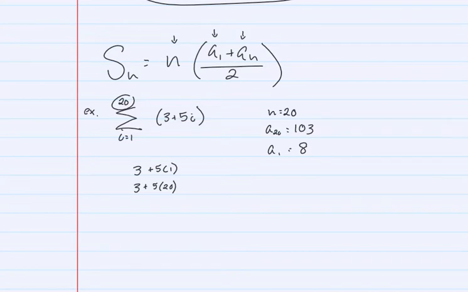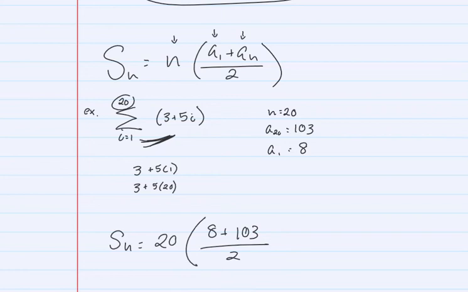Alright, now I can use my formula. So if I were to actually compute all of these, I could plug in 1, 2, 3, 4, 5, 6, all the way up to 20, and add all those terms together. This is a shortcut. So n is 20, then I have a sub 1 is 8, plus a sub n, 103, divided by 2.